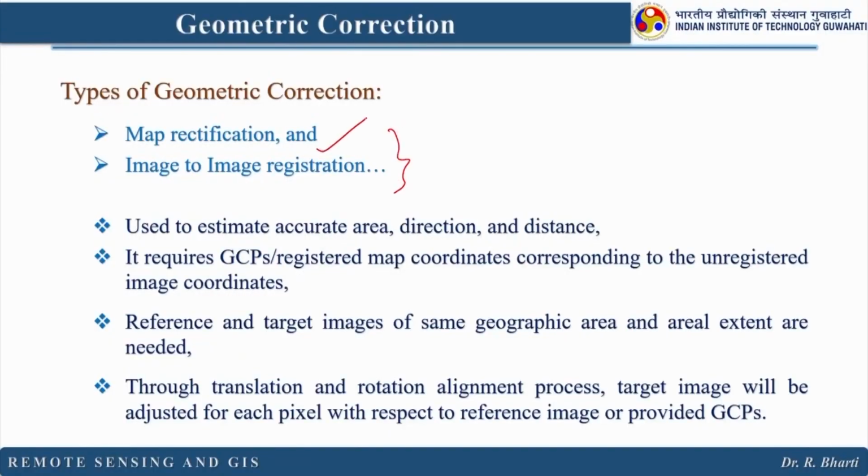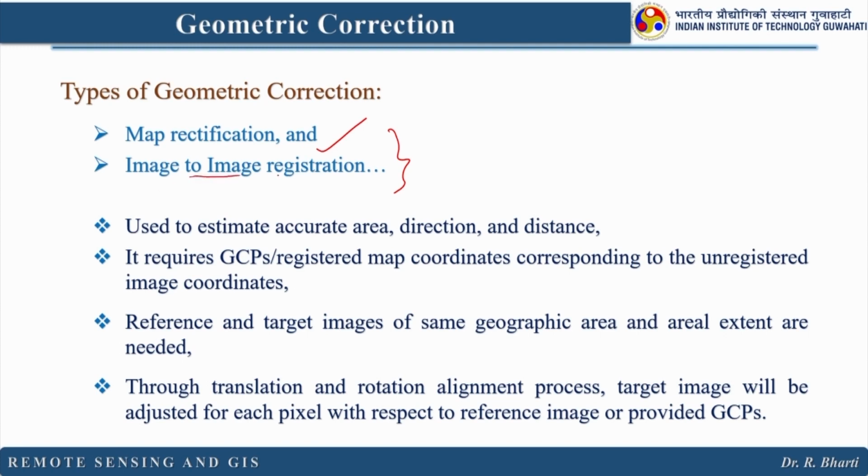In the first case, you do not have any source map, you have only a map or satellite image, you want to correct with respect to GCP. So, in this case only GCP can help you. So, GCP is ground control point measured in the field.